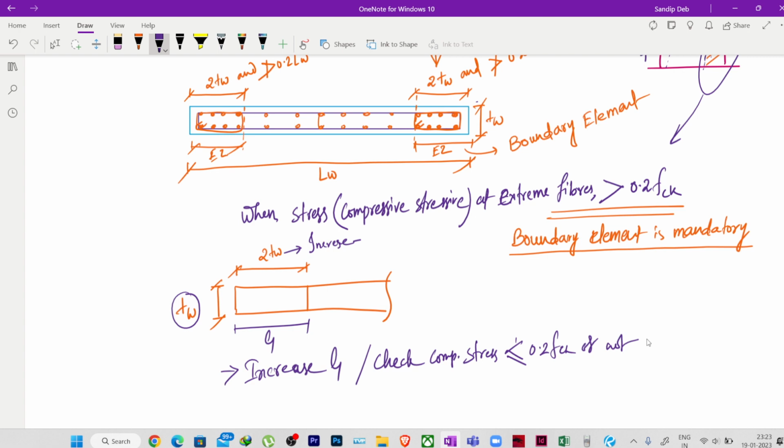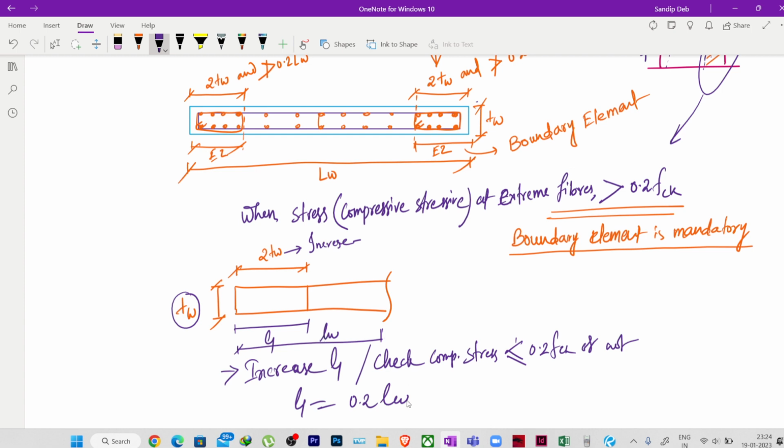Okay, fine. So if it is not less than 0.2 FCK, when the length reaches 0.2 LW, so we know that this distance from here to the furthest end is LW.